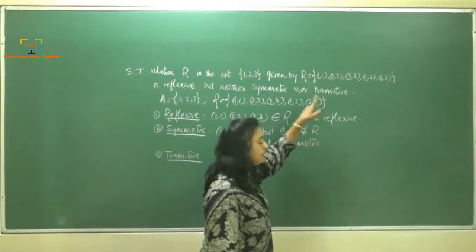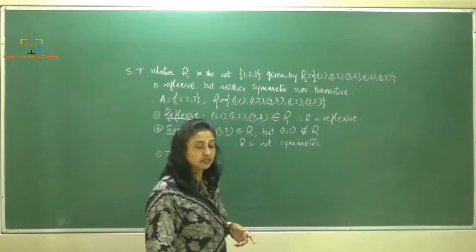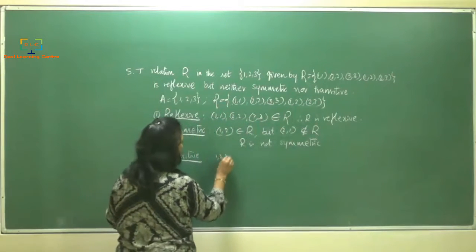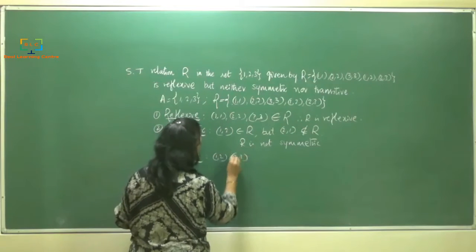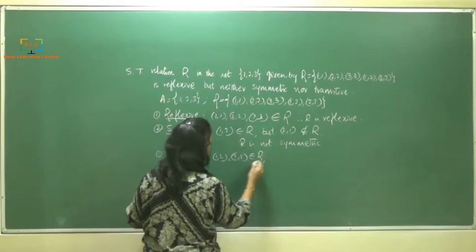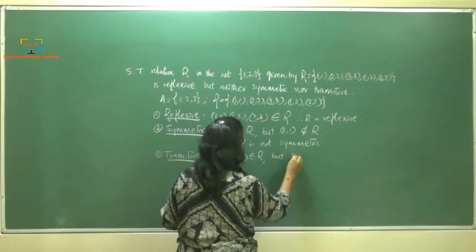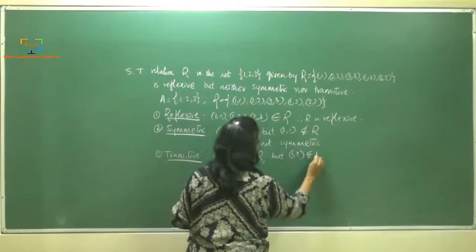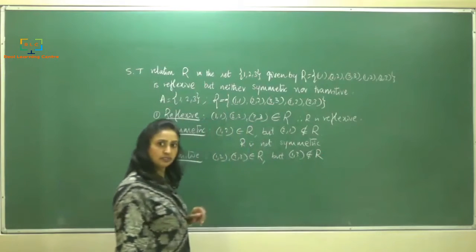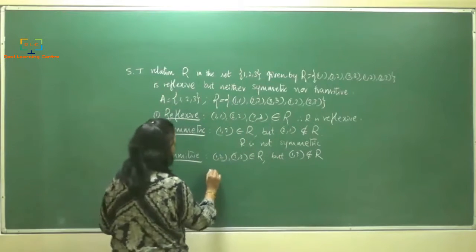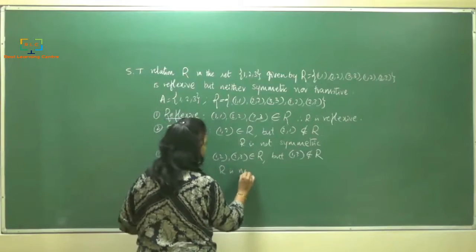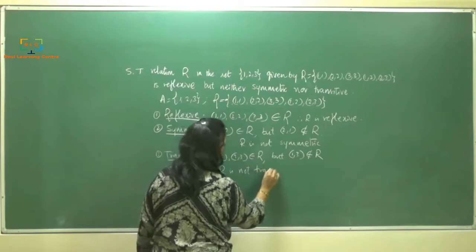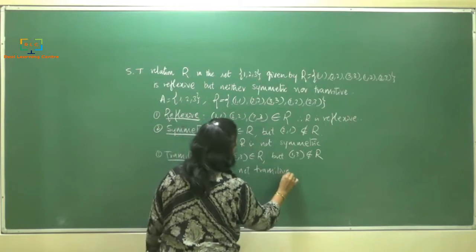I should have had (1,3), but I don't have (1,3) here. So we write the same thing. (1,2), (2,3) belong to R, but (1,3) does not belong to R. Therefore, R is not transitive.